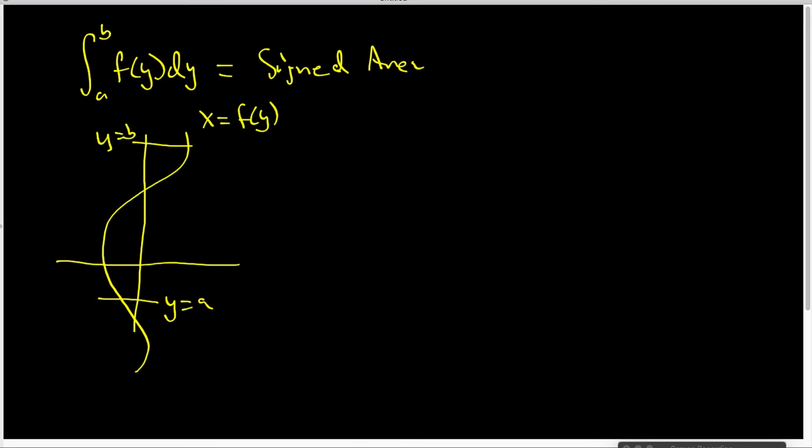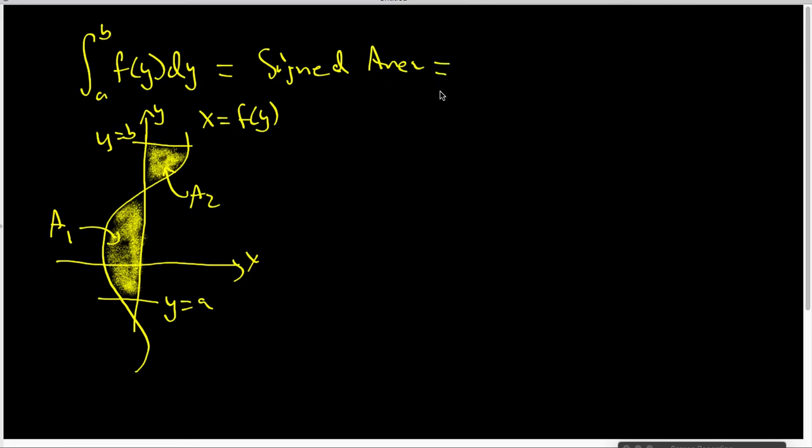What I want to notice is that I've got two chunks of area. I've got an area here that is to the left of the y-axis, and I have an area here that is to the right of the y-axis. Let me extend that y-axis up where I can label it. That chunk of area is going to be labeled A1, and this chunk of area is going to be labeled A2.